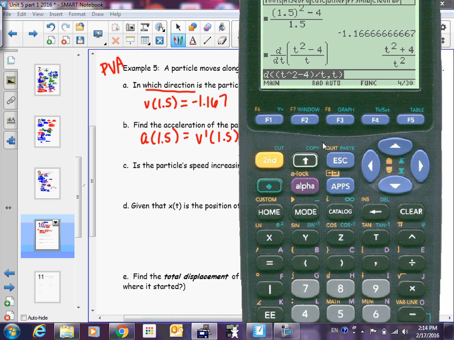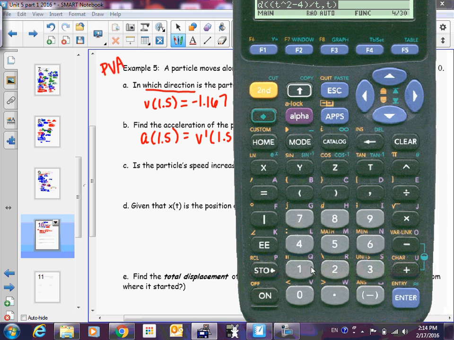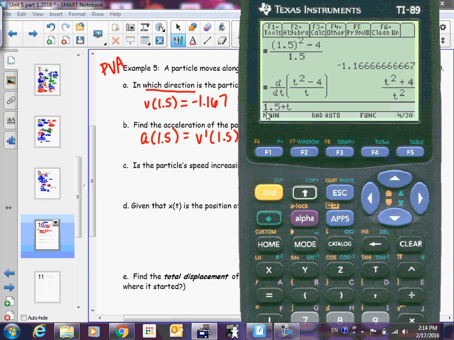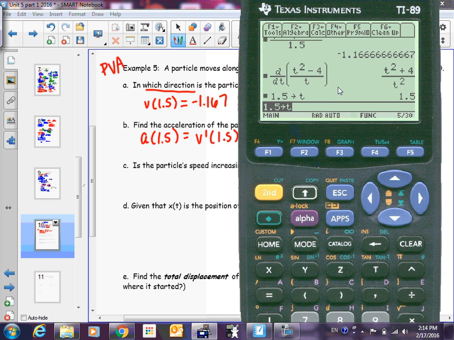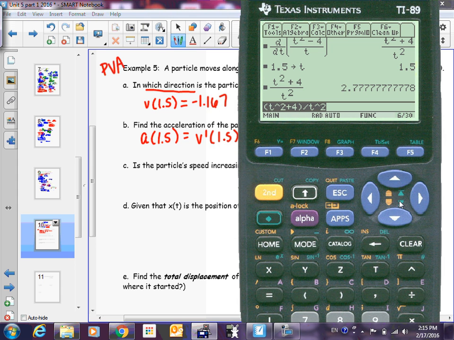If you want to evaluate this at 1.5, there's a few different ways to do that. The way I think you're most comfortable with is storing the value. So we do 1.5 stored in for t, and I'm just using t because that's what the paper says. We could have used x. And then once you've stored 1.5 in, you can either grab the answer or even that. And that will actually plug in 1.5 in for t for us.